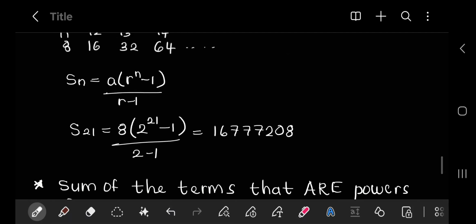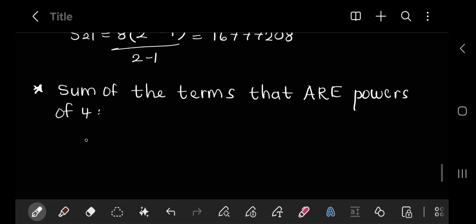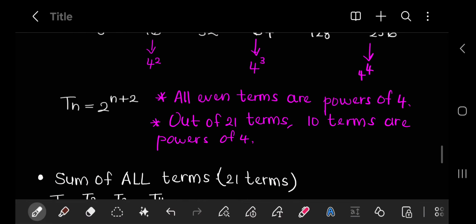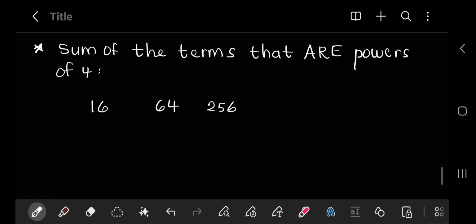So terms that are powers of 4, if we just go back up, it was 16, 64, 256. Okay, it's these terms. And what do we notice here? These terms, how many of these terms are there? If 10 of those terms were powers of 4, which we had made a note of, okay? So we are actually working with 10 terms here.